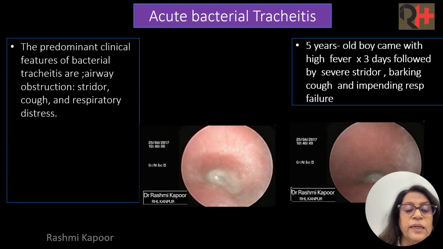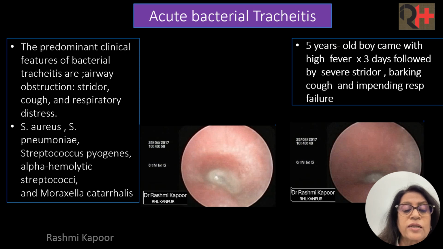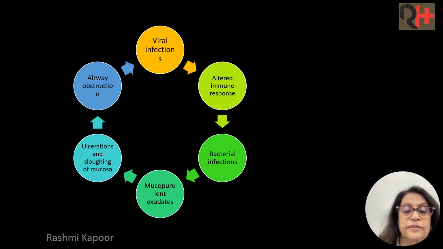The predominant clinical features of bacterial tracheitis are airway obstruction, stridor, cough, and respiratory distress. It is caused by Staphylococcus aureus, Streptococcus pneumoniae, Streptococcus pyogenes, alpha hemolytic streptococci, and Moraxella catarrhalis.